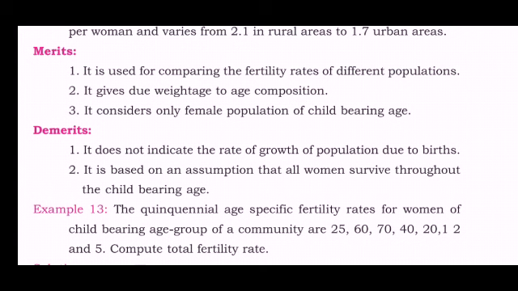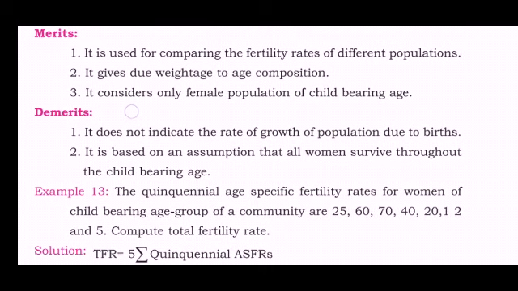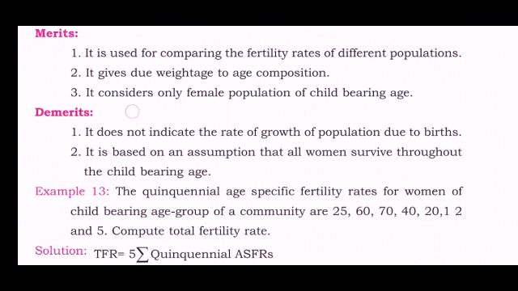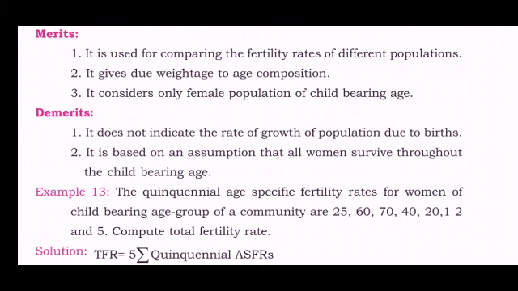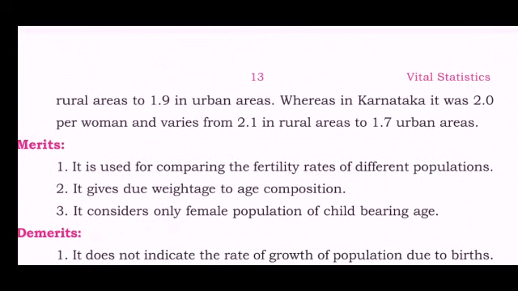It may be possible, it may not be, because a human being may survive till the age of maybe 60, 70, 80. That is also possible. But a few females, because of many reasons, may die within the 49th year also. Very rarely, in a small percentage, but that is also possible, which it doesn't consider. So that is one of the demerits of TFR. So this is all about total fertility rates.